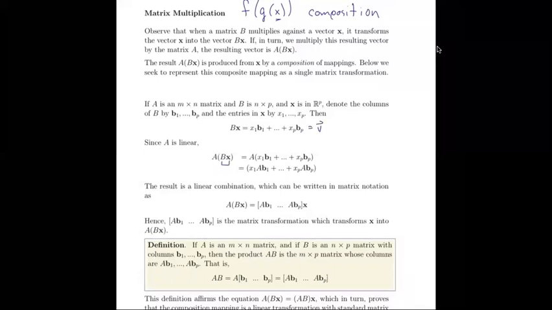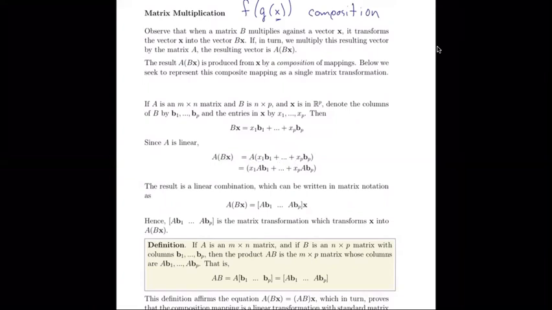Some vector v comes out of this linear combination. So then we apply A to that vector v. Well, v is composed of all of these terms, or this linear combination of these vectors. So A being linear, this is where we finally use that property. We can multiply A times each one of these: A times x1 b1, A times x2 b2, all the way up to A times xp bp. And that's what we have in the line below.